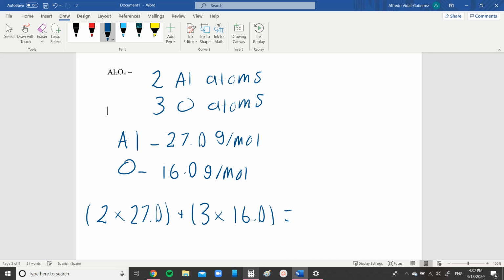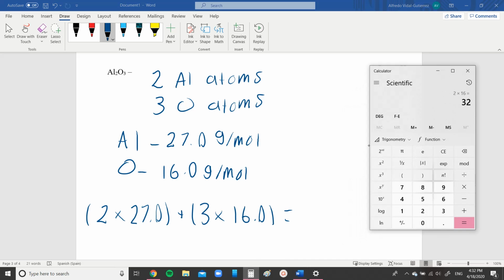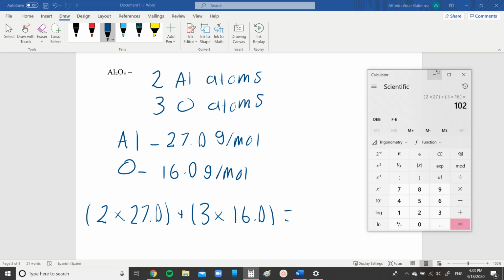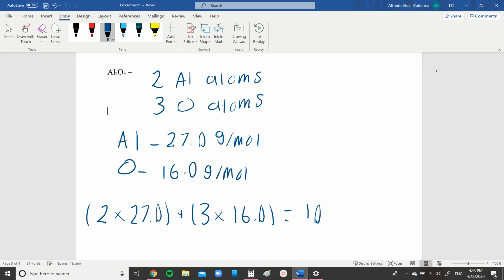And so when you add up all those numbers, you'll do 2 times 27 plus 3 times 16, and your molar mass will be 102 grams per mole.